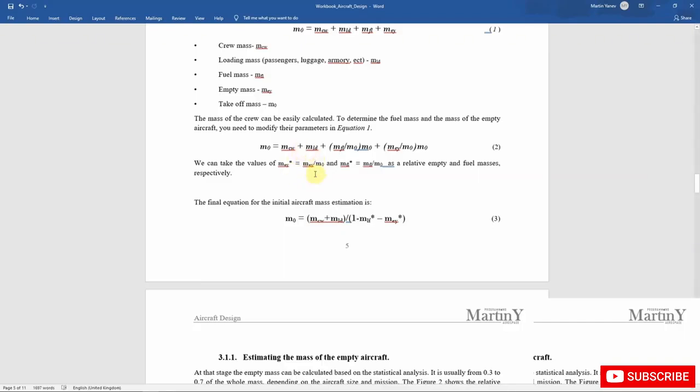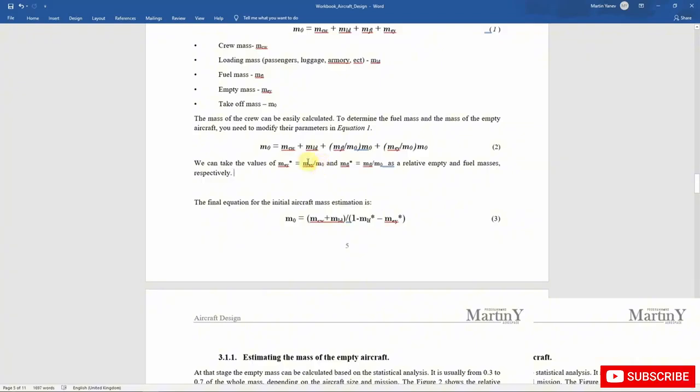Don't get confused by these equations, they mean only one thing. For example, the relative empty mass, which is this one, is equal to the total empty mass divided by the takeoff mass. This is going to give us a number from 0 to 1, because the empty mass is always smaller than the mass of the whole aircraft.